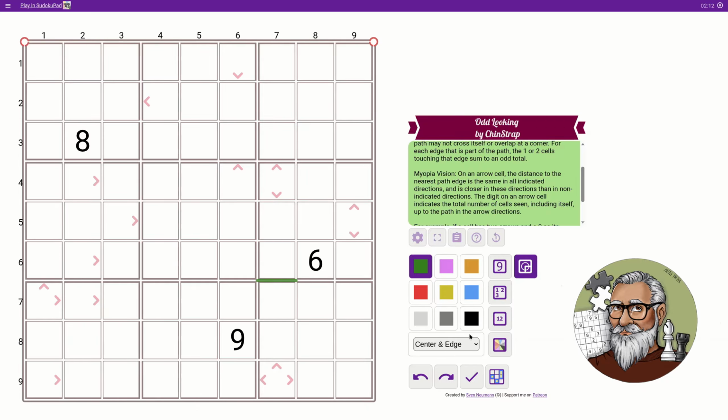Do we see green? No, that's probably better. If the path passes on this side two cells away, then it has to pass there as well, right? I don't know how that would work, but yeah. Okay.